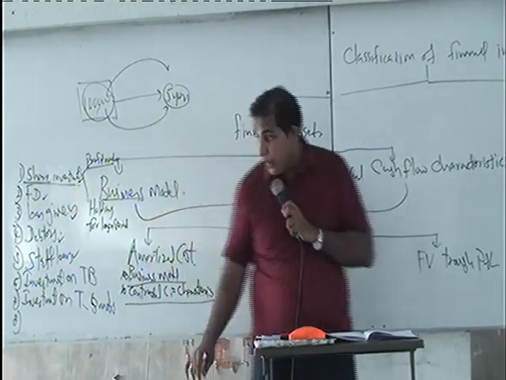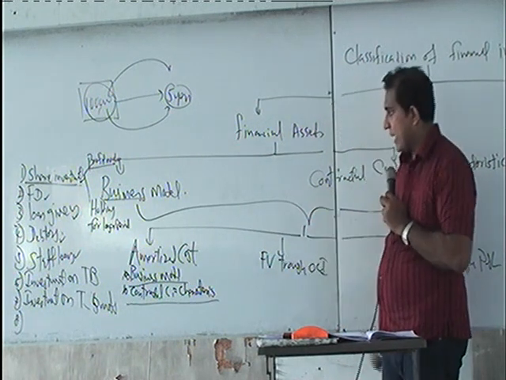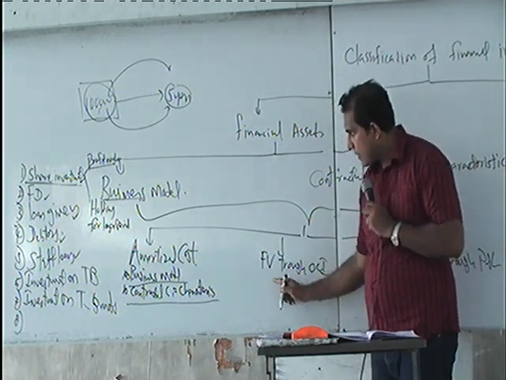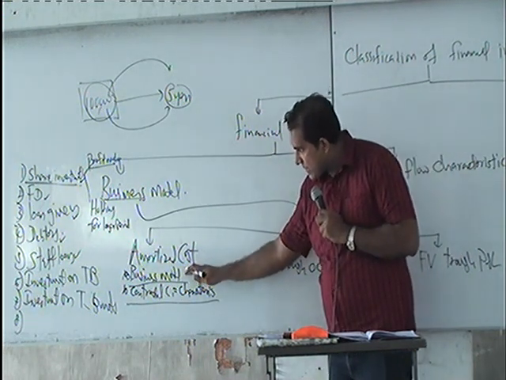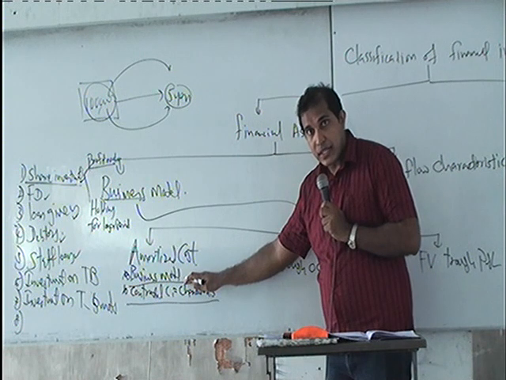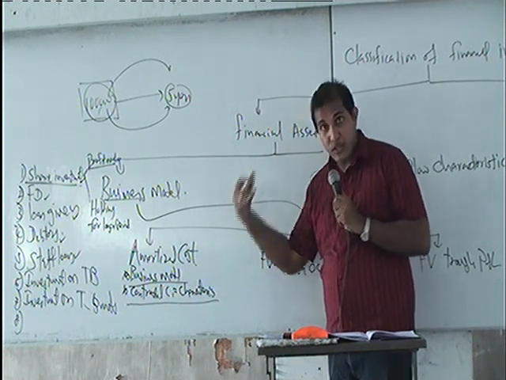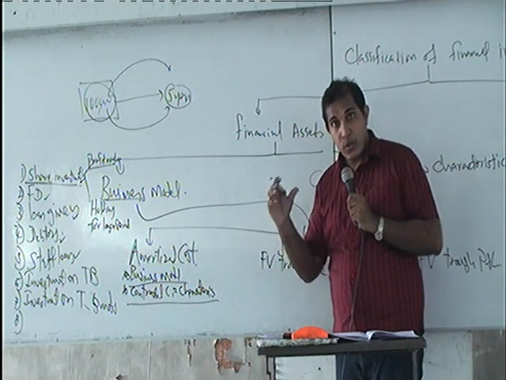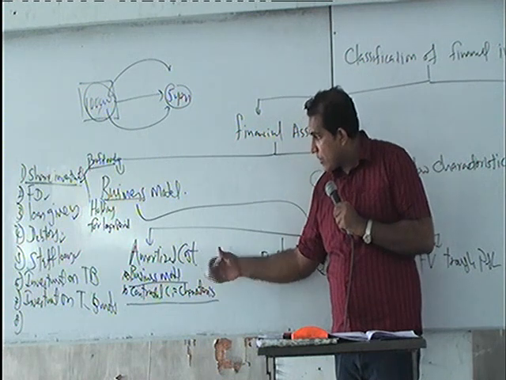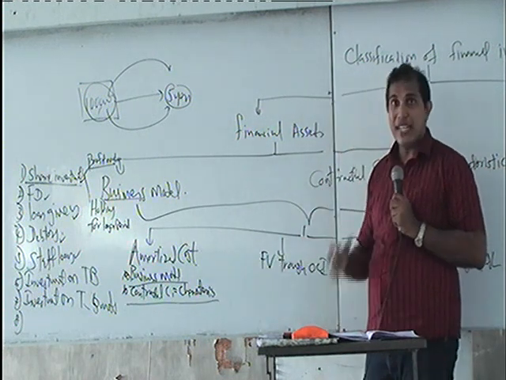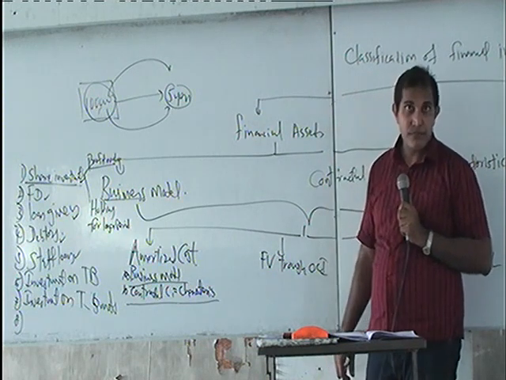Now we'll look in detail at fair value through OCI. First we checked amortized cost. Now you can understand the characteristics of amortized cost. There should be a business model to hold and receive contractual cash flows. Then there are contractual cash flows: interest and the principal amount.